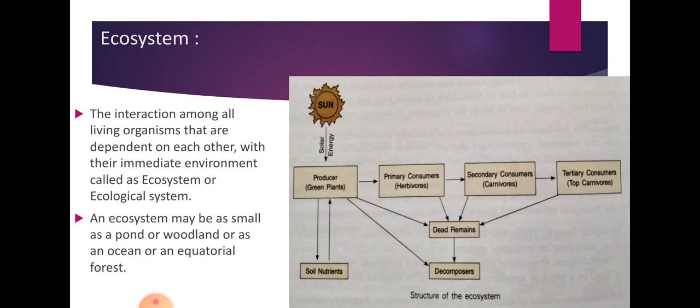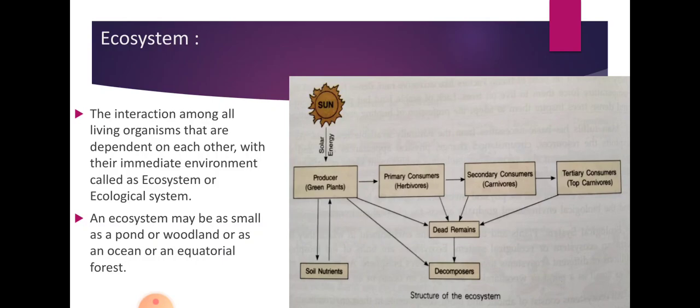So basically, ecosystem is where living organisms depend on each other with their environment. Whatever environment is there and how they are dependent on each other, that is the ecosystem.